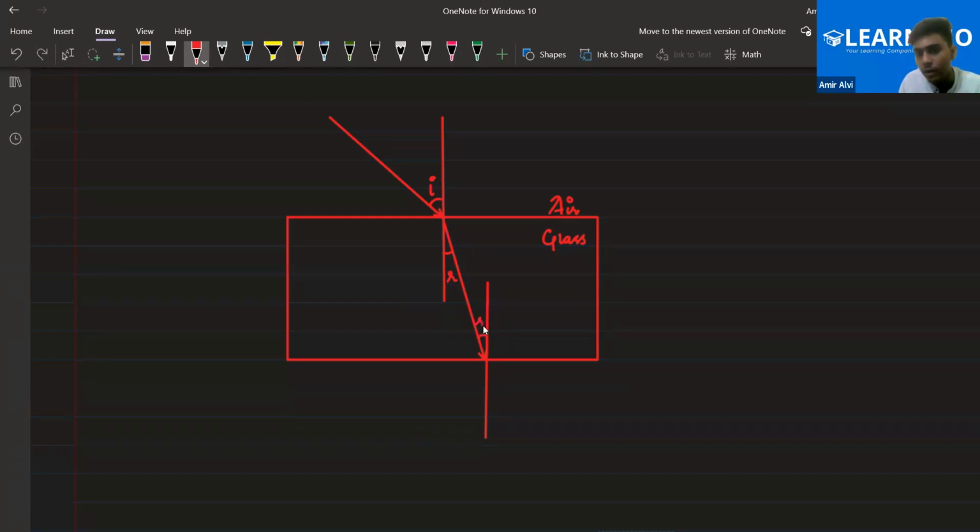Aayan, Faizan, Arish, Junaid. Transversal, alternate interior angle. Like this, a Z type thing. So this is called the alternate interior angle.